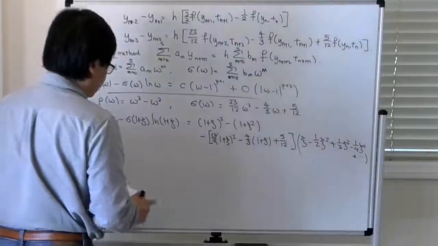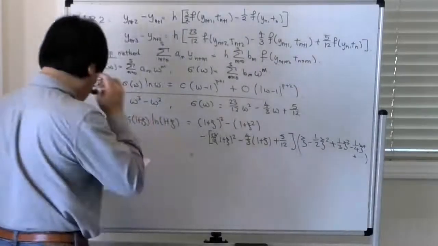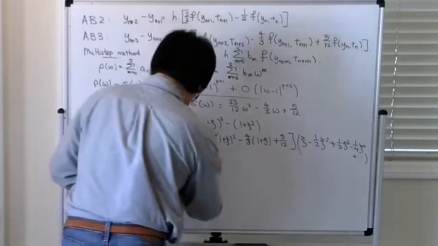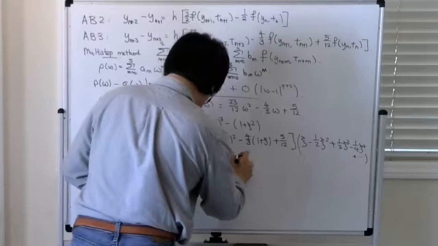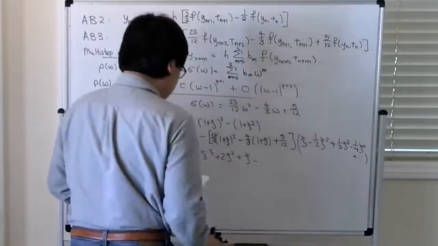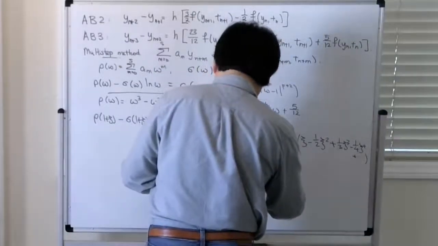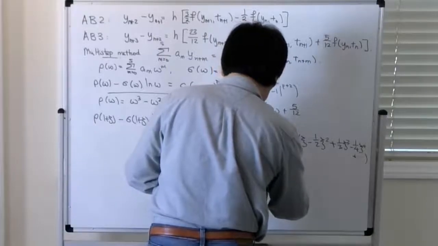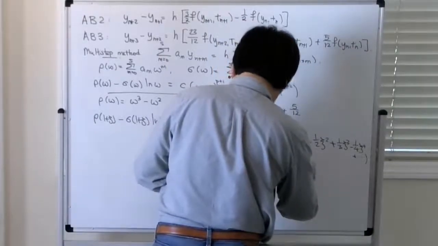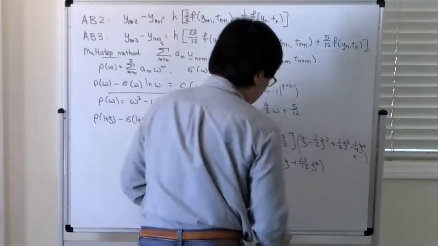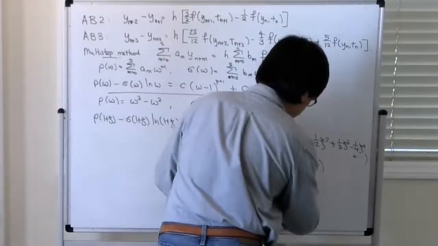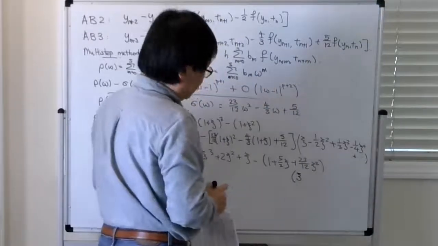Okay, so you can simplify this a little bit further. This gives me c cubed plus 2c squared plus c minus (1 plus 5/2 c plus 23/12 c squared), again multiplied into the series expansion for the natural log of 1 plus c.